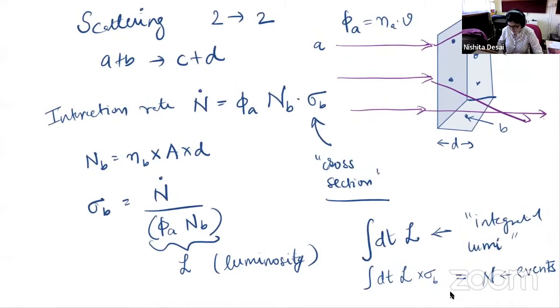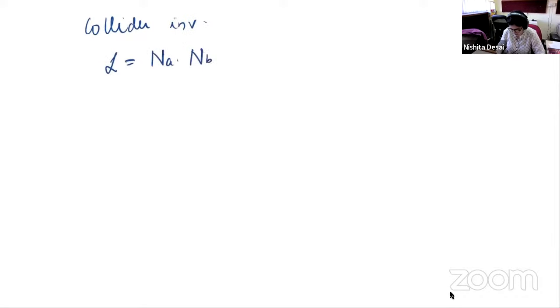So this was for a fixed target. So you can modify this expression for a collider environment as well. So your luminosity in that case would be N_A N_B times v. I'll explain all of these in a second.